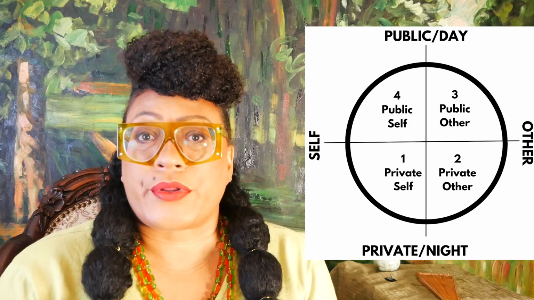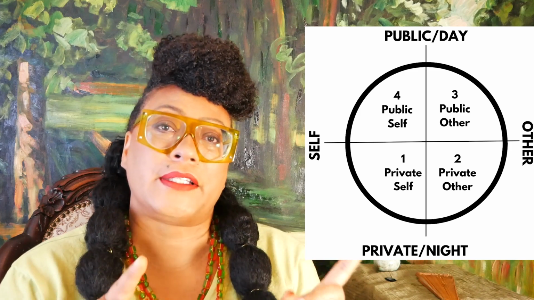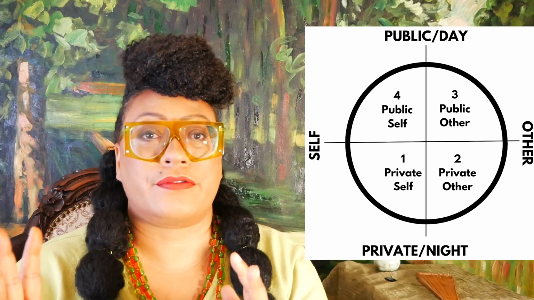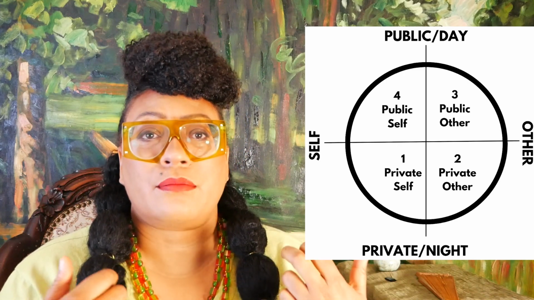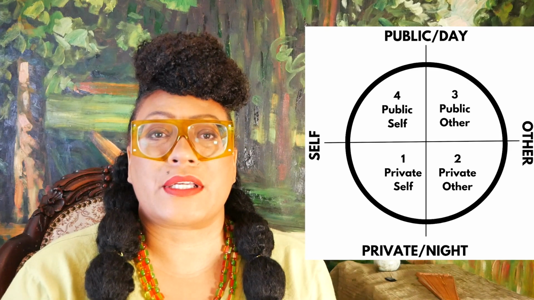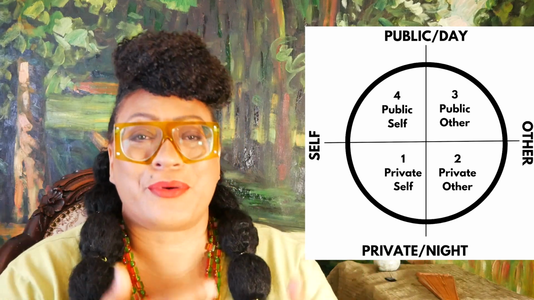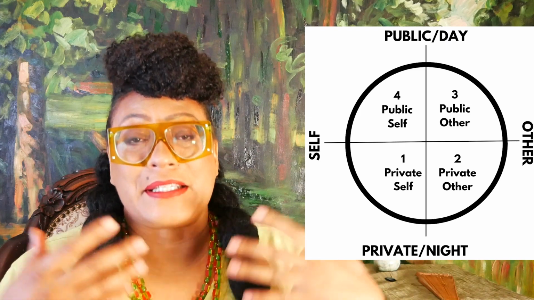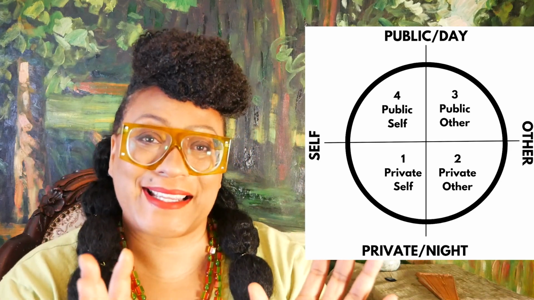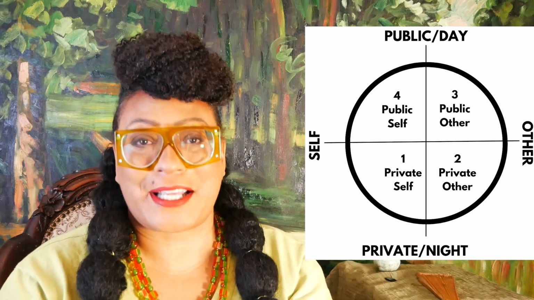And then that brings us to the fourth and last quadrant, which consists of houses 10, 11, and 12. And I think of that as the public self quadrant. And so having a majority of your planetary placements in the fourth quadrant could speak to the experience of literally having a public self, being known by many people in the world, being seen by many people in the world, definitely having an externally focused experience, but an externally focused experience of sharing oneself.